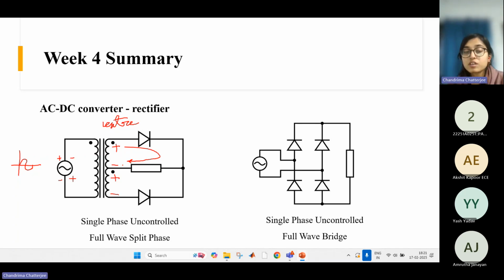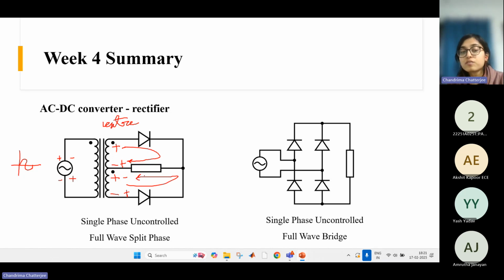Here also the polarity reverses. This becomes minus, this becomes plus. Now see the beauty of the circuit: this lower diode becomes forward biased, right? So now the current can flow through the load like this.